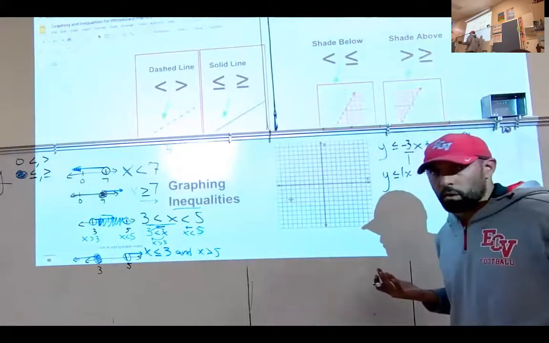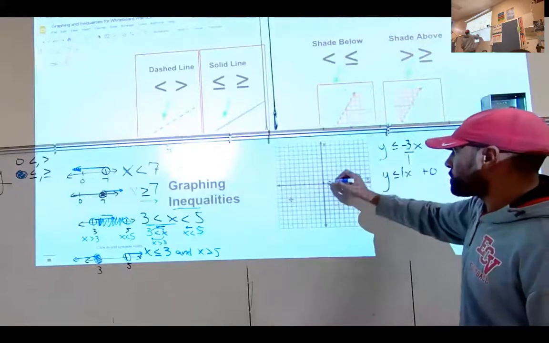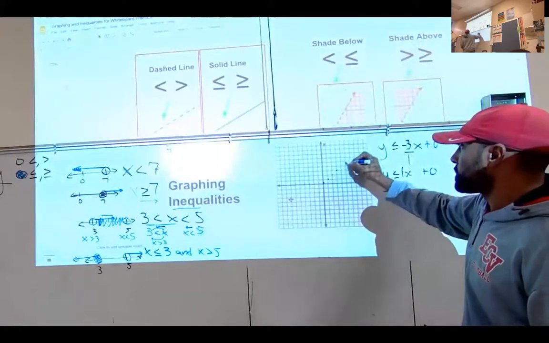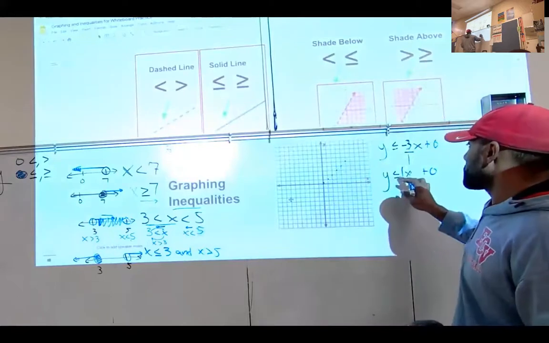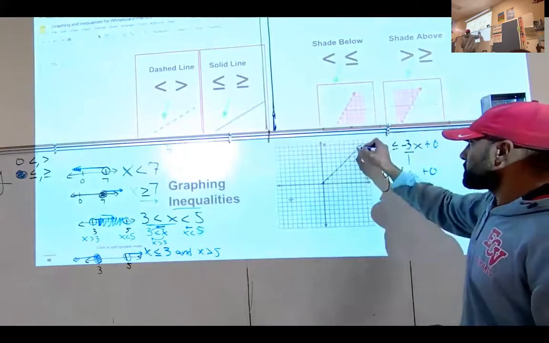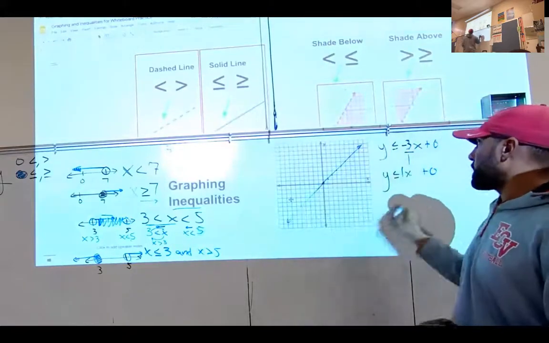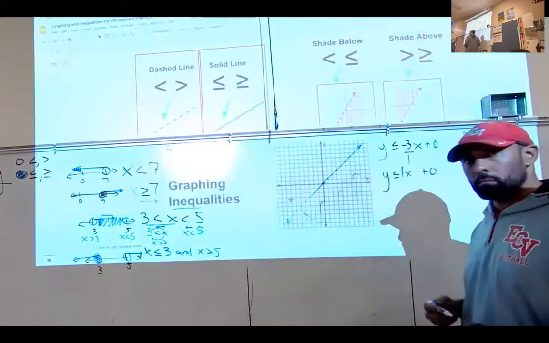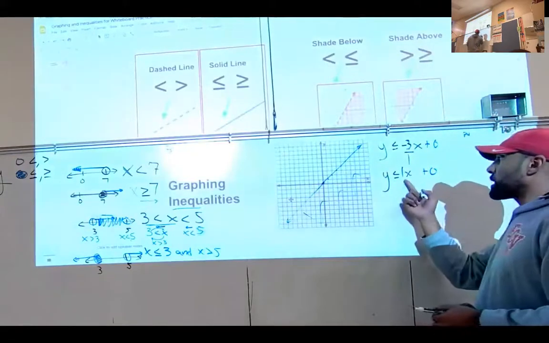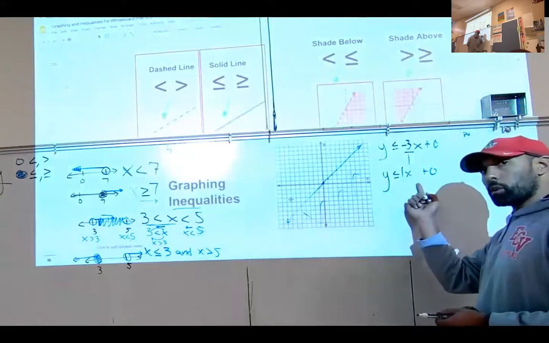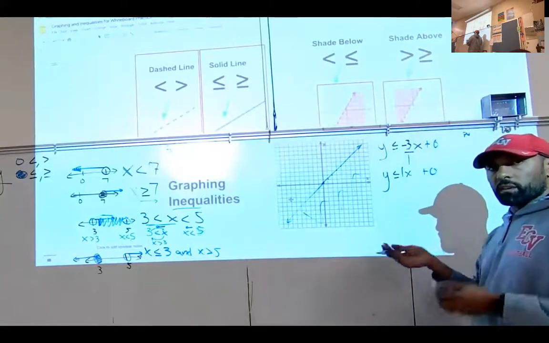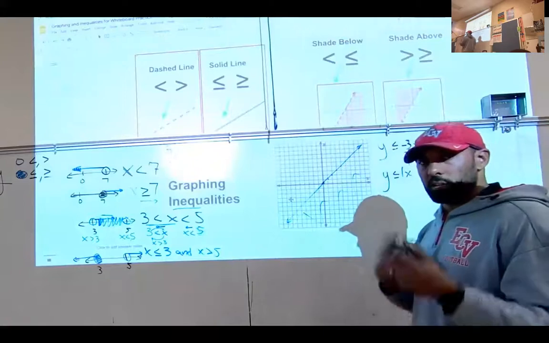It's just not written there. So start at 0, up 1 over 1, up 1 over 1, and then a solid line. Y is less, so shade below. So as long as you have a variable here and a variable here, you're still going to have a starting point, a y-intercept, and then a slope.